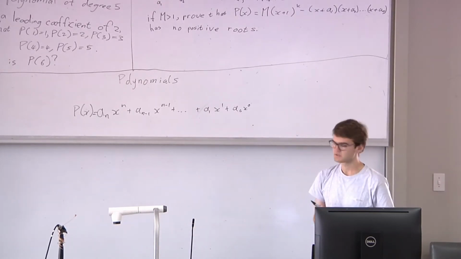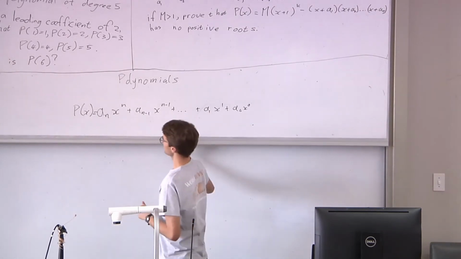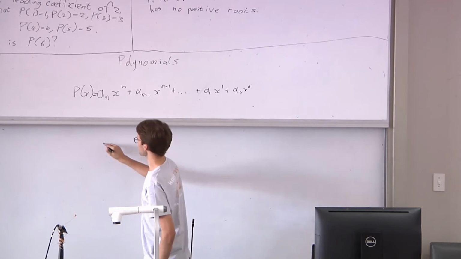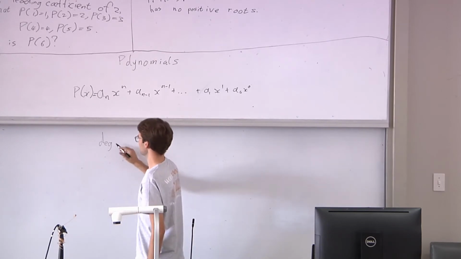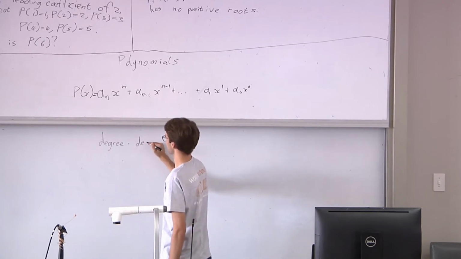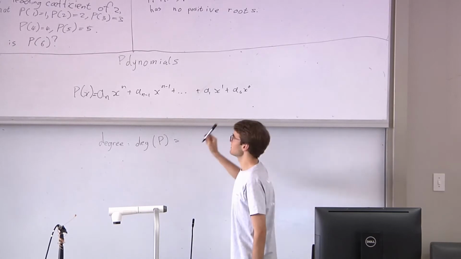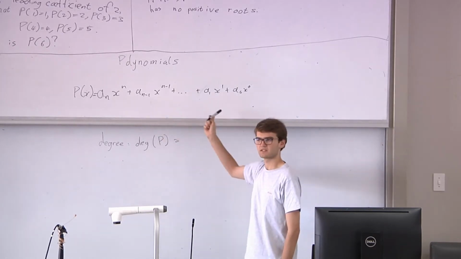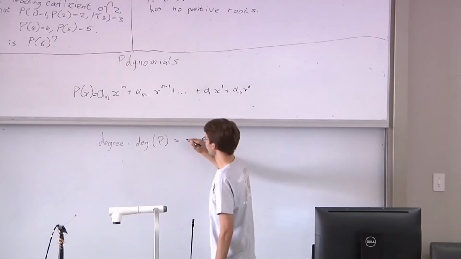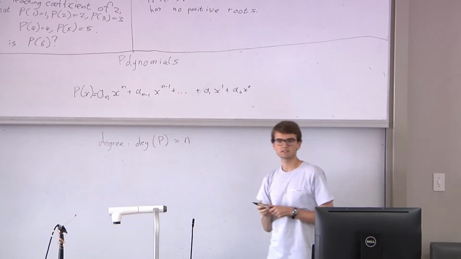Okay, so some terminology about polynomials. The degree of a polynomial, which is denoted by deg(p), is the highest exponent that appears in that expression. So in this case, that would be n. You all agree with that?